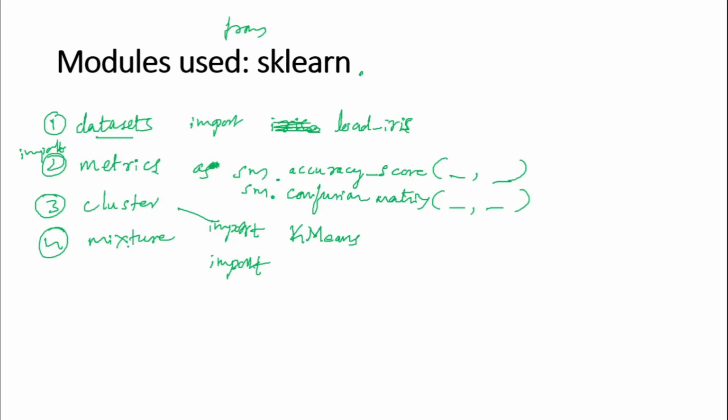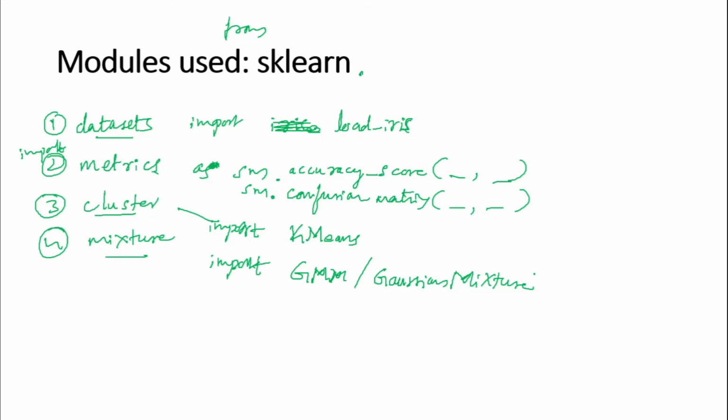I just told you the Gaussian mixture model, right? So from mixture, one is K-means, one is Gaussian. So import GMM. If GMM doesn't work, you need to type the full thing: Gaussian, G capital, Gaussian, Gaussian mixture, G capital and M capital. Only GaussianMixture, not model.